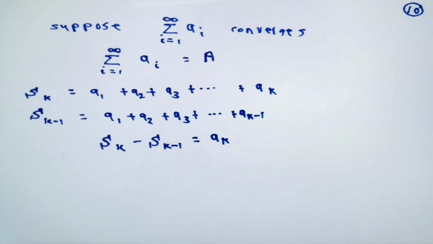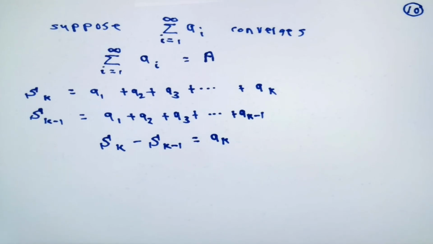Think about partial sum number k, which is the sum of all a sub i numbers, where i goes from 1 to k, but then also think about the immediately preceding partial sum. That one will be a1 plus a2, stopping at a sub k minus 1.